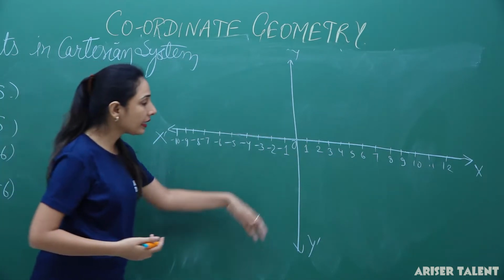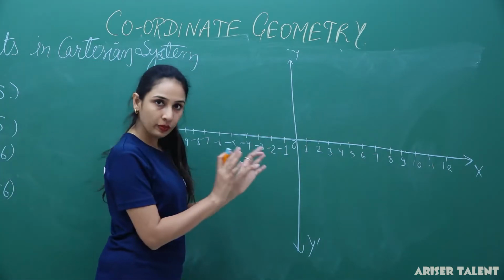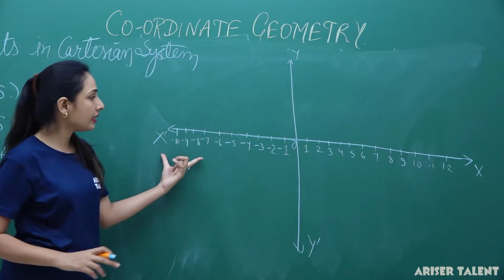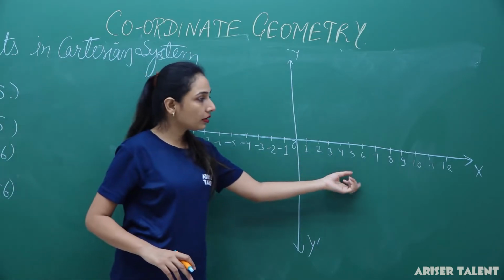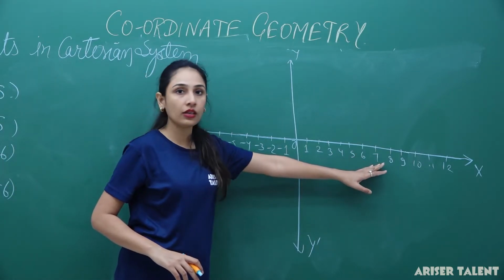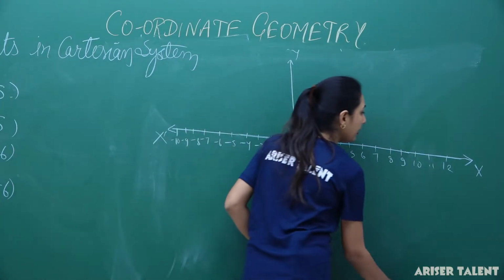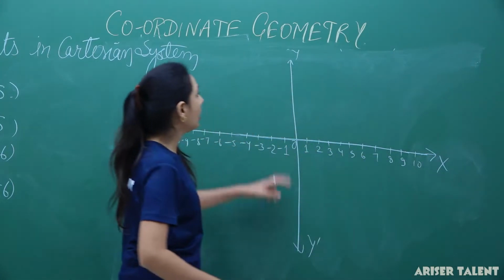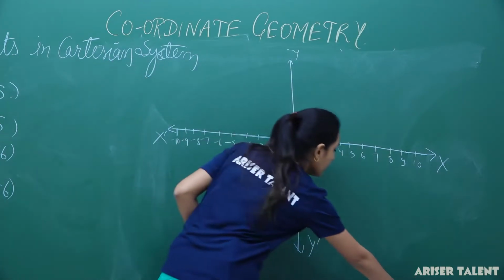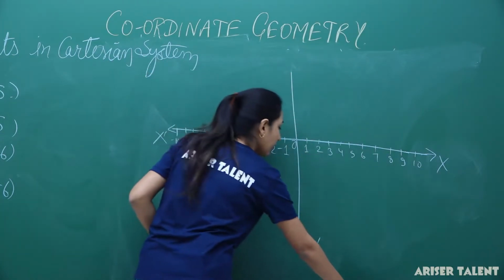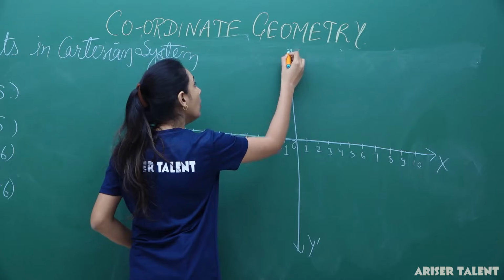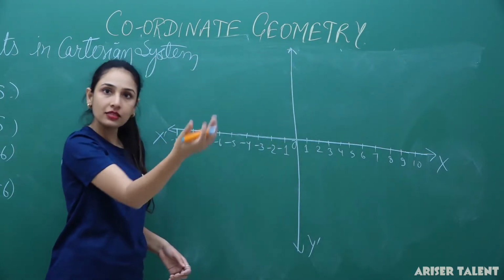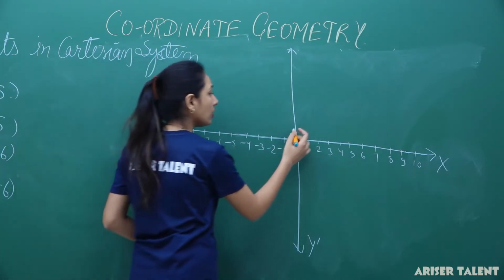Now you have to make it very clear that if you are having minus 10 here, you have to make till 10 here. So no 11 and 12, right? Equal, right? We are having the maximum number in our ordinates and abscissa as 10, so we will make it till 10 only.